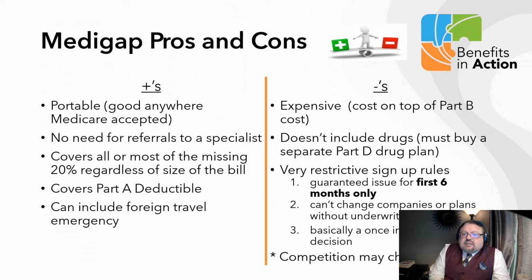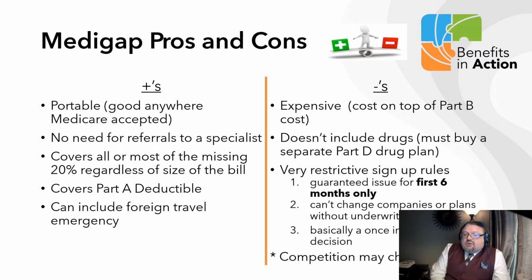The pros and cons of Medigap coverage: the biggest pro obviously is the portability. A Medigap A plan is the same everywhere in the United States. Those benefits do not change. And frequently, most of those plans, you won't even need to intervene in getting the secondary claim process. Medicare just generally passes those claims right along to the secondary for you.